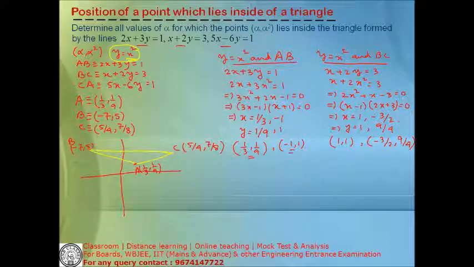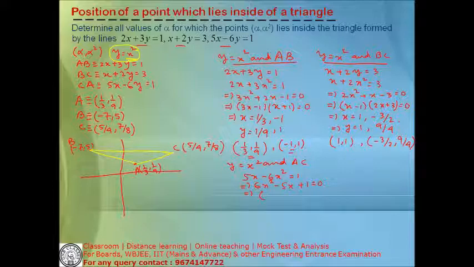and the side AC. So again I'm solving, please check it. So we are getting, plus 1 is 0. So in this case it's 3x minus 1 and 2x minus 1.